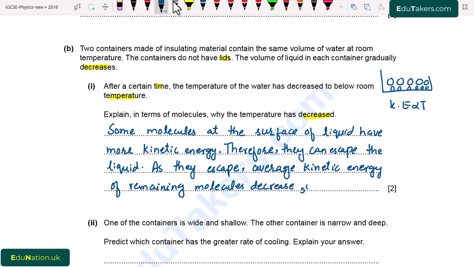So does the temperature, because temperature and kinetic energy are directly proportional to each other.